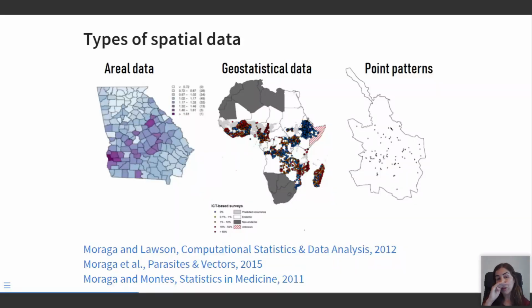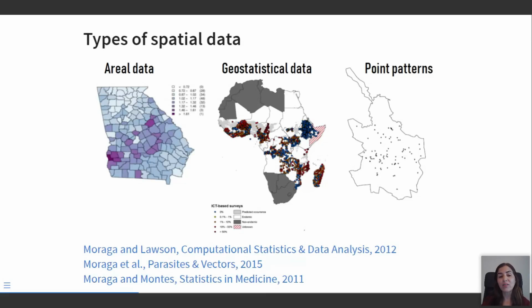In spatial epidemiology, we distinguish three types of data: areal data, geostatistical data, and point patterns. In areal data, we have the region of study partitioned in small areas, and in each of these small areas, we have the number of cases, the population, and risk factors.